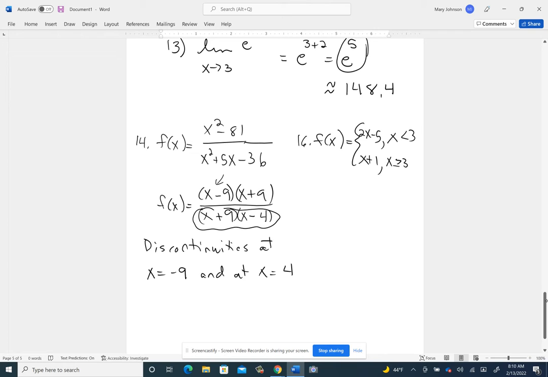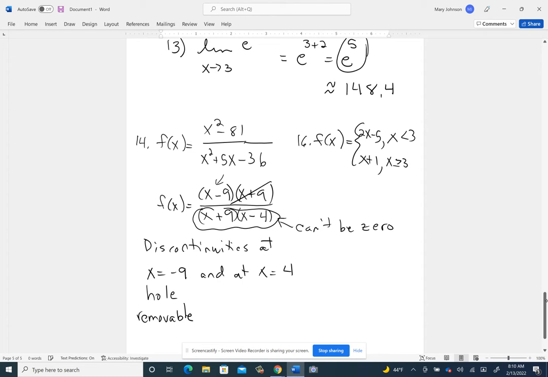The problem with discontinuities are trouble spots you might have. And so, for instance, this right here can't be 0, the denominator. Okay? But there's two types of problems. At x equal negative 9, we would have just a hole. It's a removable discontinuity.